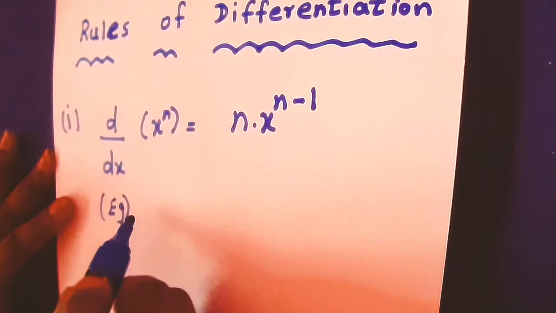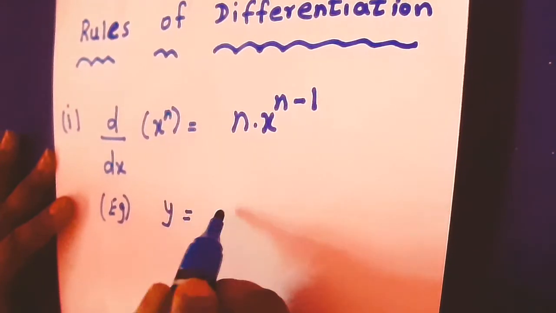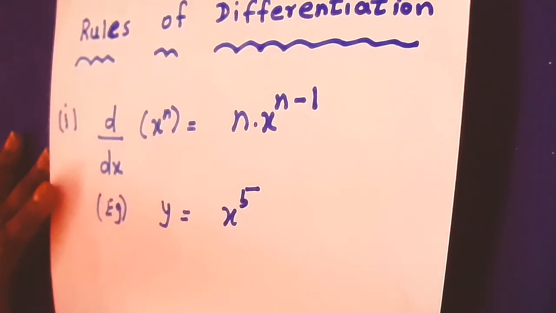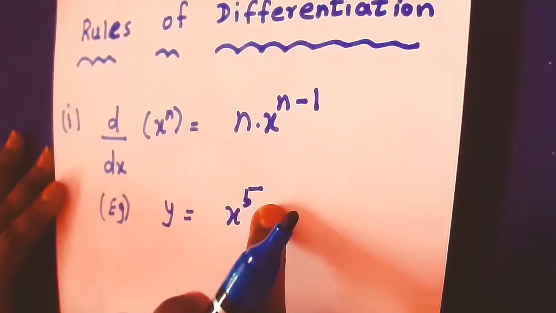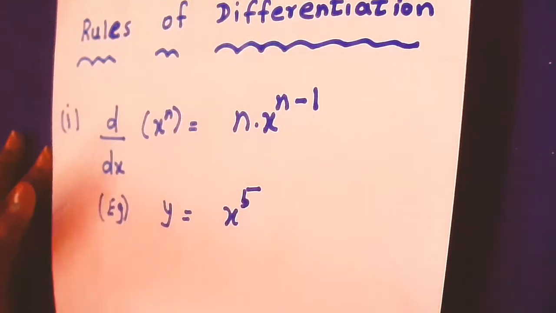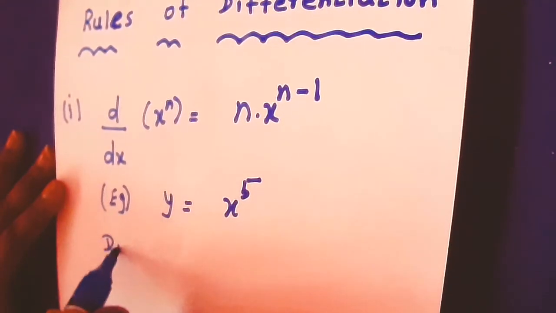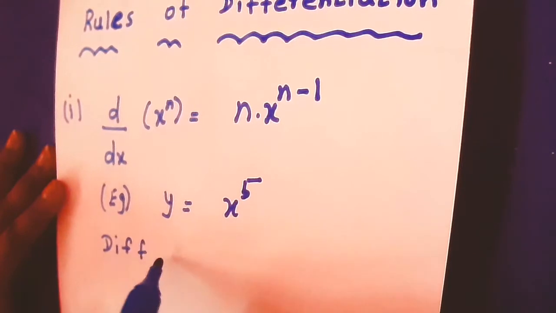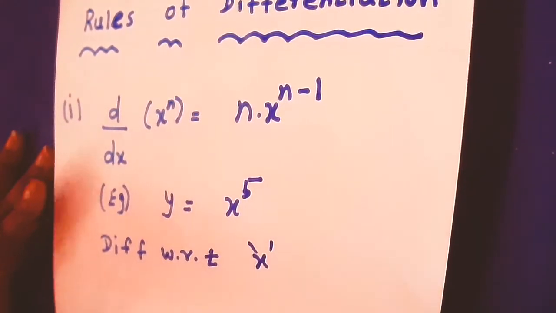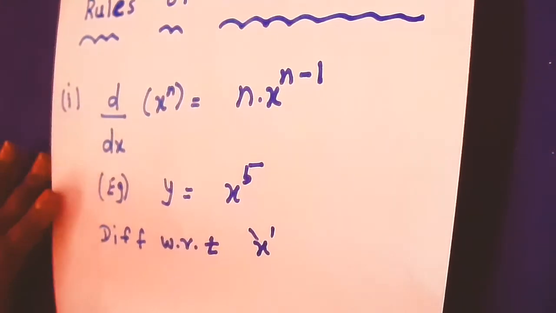I'm going to take y is equal to x to the power 5. Here x is raised to the power 5, so n is equal to 5. Now I'm going to differentiate with respect to x.